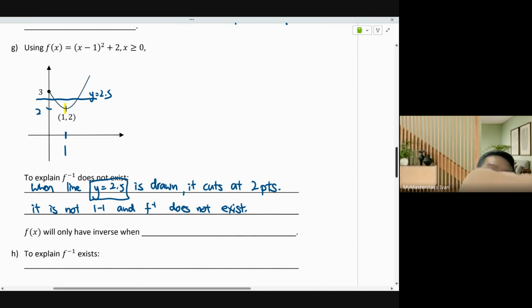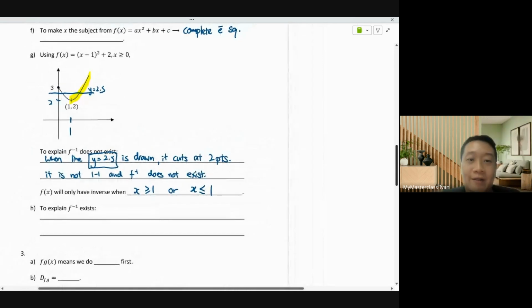So f will only have an inverse when x is greater than or equal to 1, or tell me another possible scenario, Josh. Less than or equal to 1. Understand? You know what's 1-1? You only cut the line. Always split at the minimum point or the maximum point. Understand? Always split at the minimum point or the maximum point.